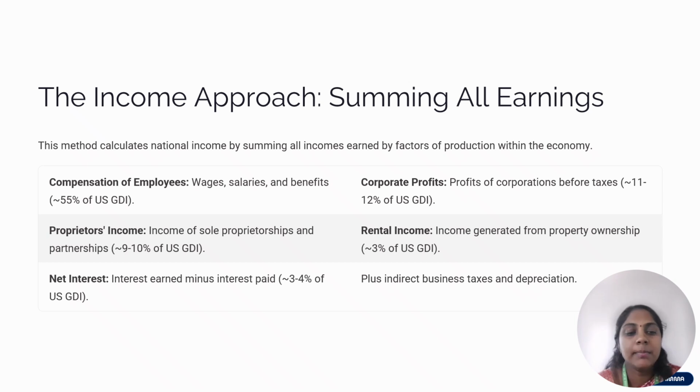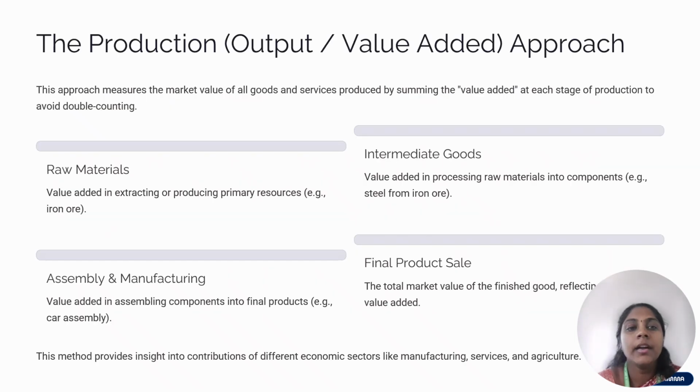Let's take examples like compensation of employees, proprietors' income, net interest, corporate profits, rental incomes, etc., plus indirect business taxes and depreciation. Summing up all the earnings will give us the national income under the income approach method of calculating the national income.